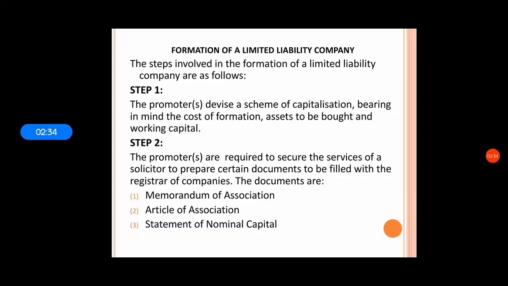And while this is done, there are certain documents that must be filed with the registrar of companies. The documents are Memorandum of Association, Articles of Association, Statement of Nominal Capital. We will deal with each of these as the lesson progresses.